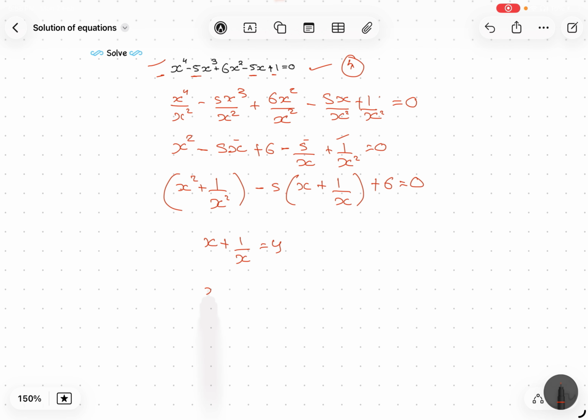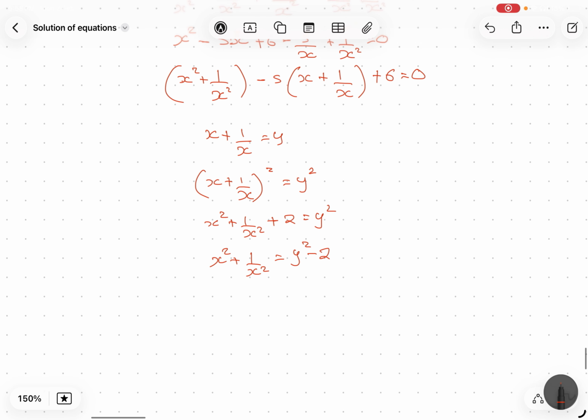What would be the whole square of x plus 1 by x? That would be x square plus 1 by x square plus 2. That would be y square. So my x square plus 1 by x square is y square minus 2.